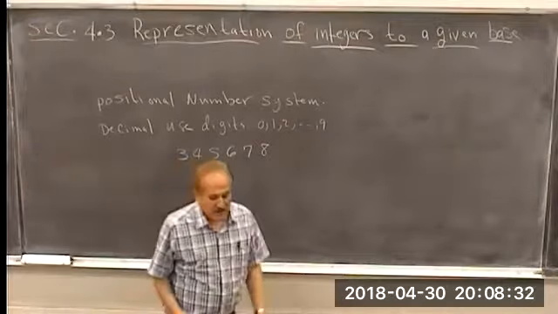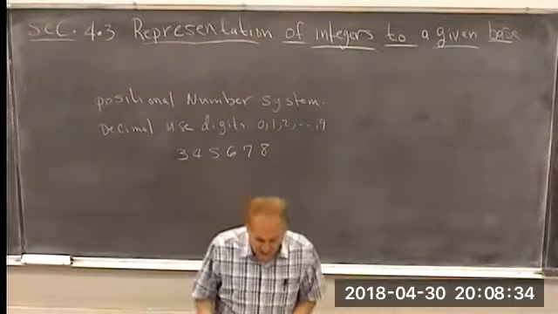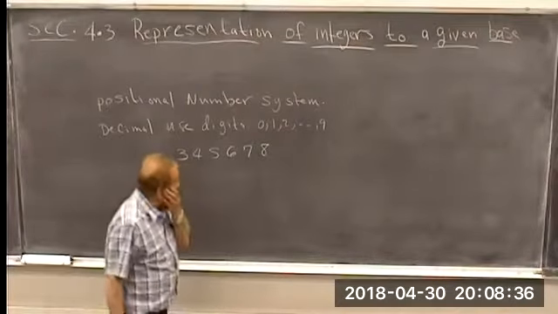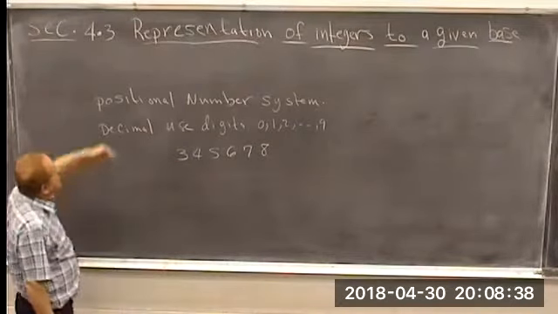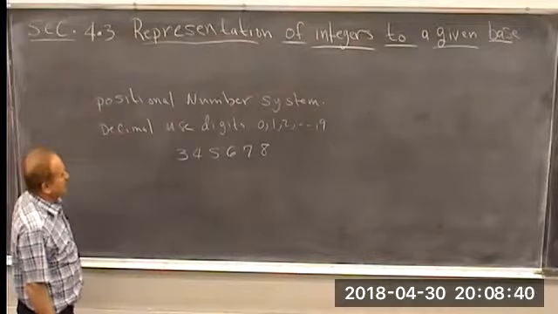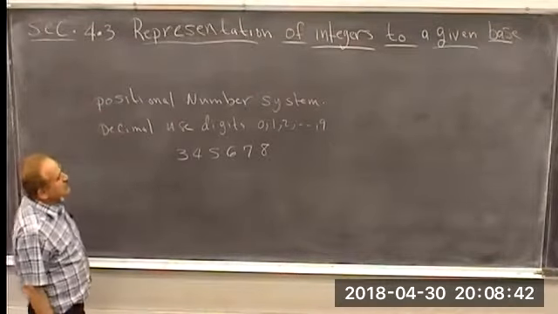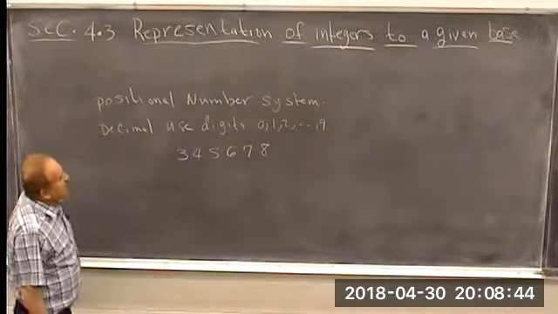Now, of course, there are many other types of number systems that are also what we call positional number systems. They just use different digits.